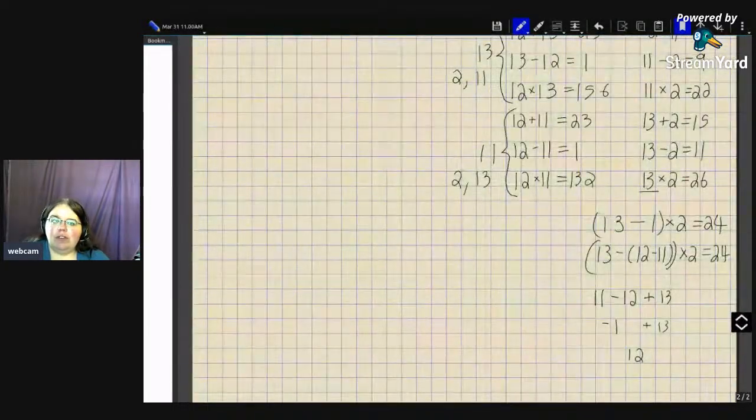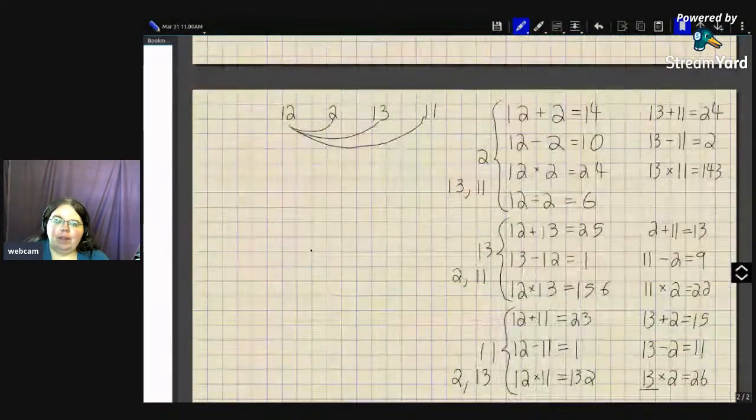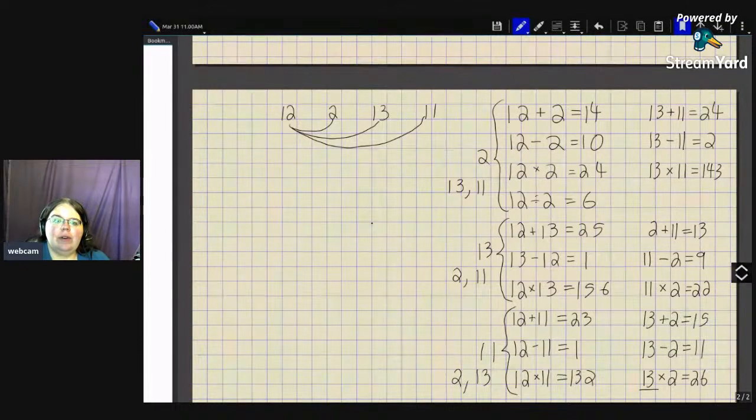So the next question you might want to ask is, how did the computer know that these numbers would work?